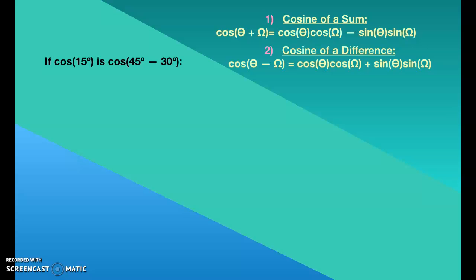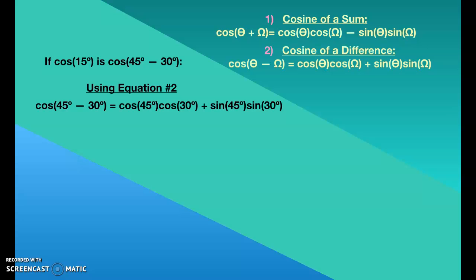Eventually they will become second nature. Okay, so clearly we're dealing with a difference, not a sum. So 45 and 30 become theta and omega. And notice that in your equations, those stay the same. They stay in the same order, right? 45/30 in the first part, 45/30 in the second part.